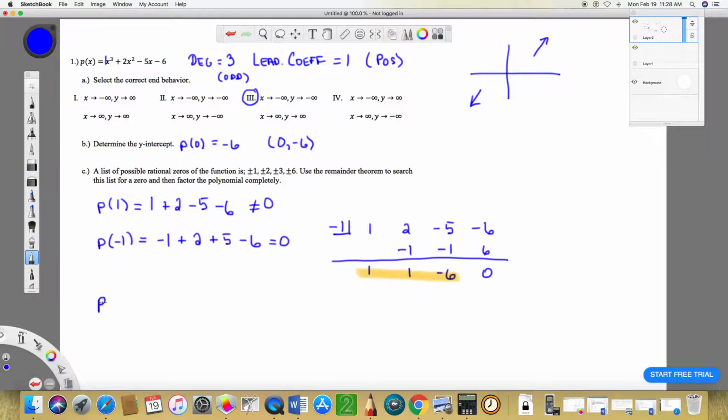So this polynomial that started out being x cubed plus 2x squared minus 5x minus 6 can now be factored to (x plus 1) times (x squared plus x minus 6).